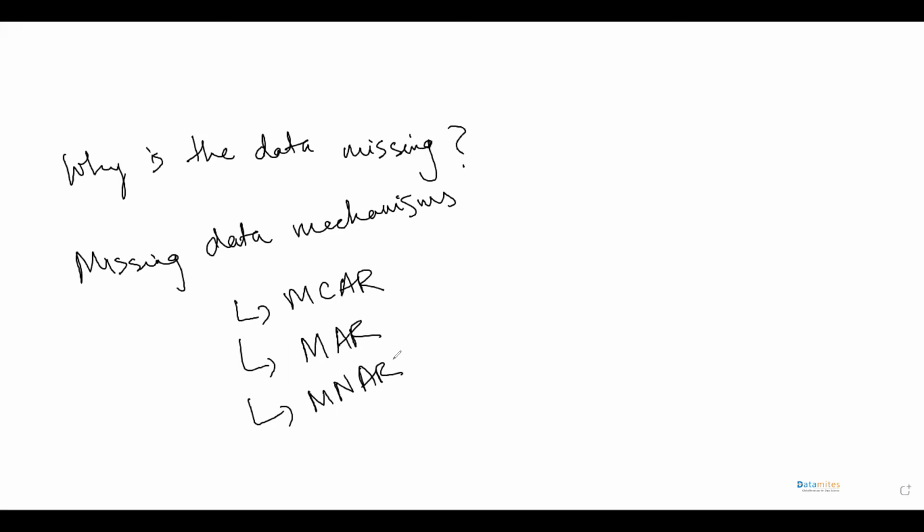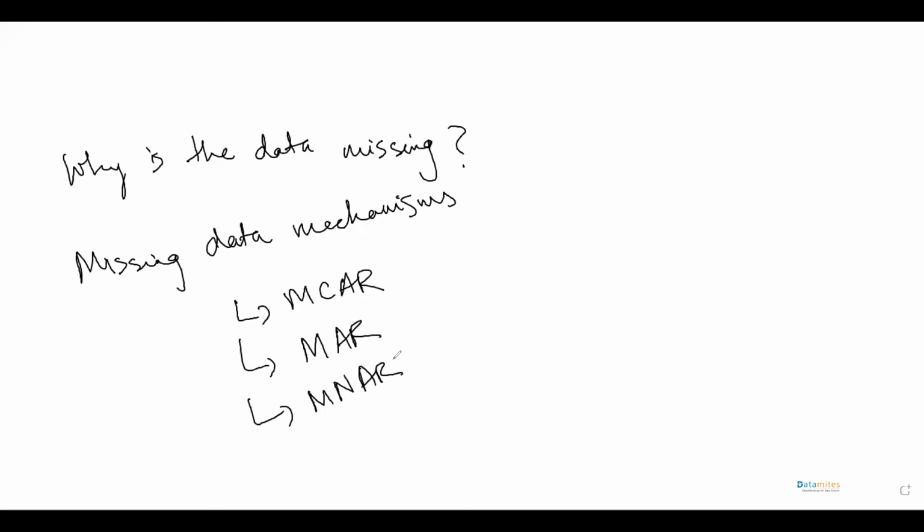In that depression survey, probably the people who are facing depression might not have filled the forms correctly. They might not want to fill out all the necessary columns because they are going through that mental problem. So if people fail to fill out a depression survey because of this depression, those data points would be missing not at random. So missing data occurs due to the depression.